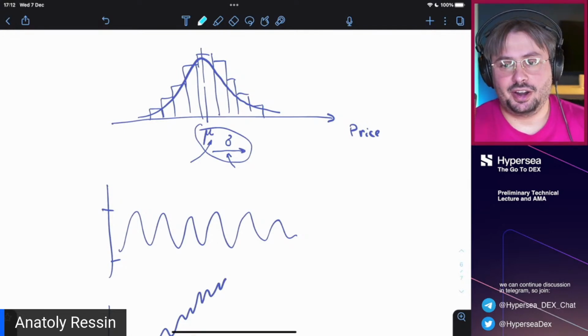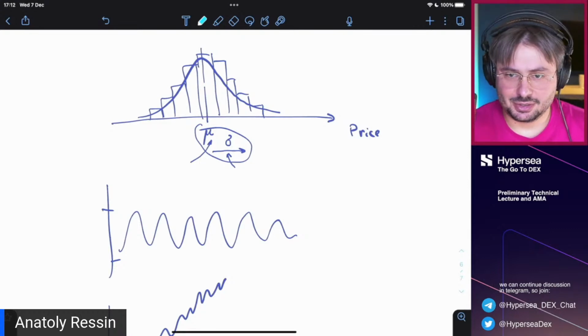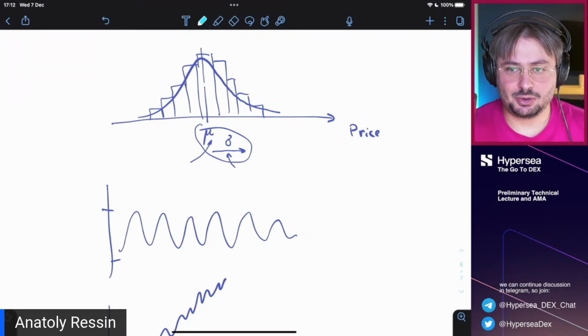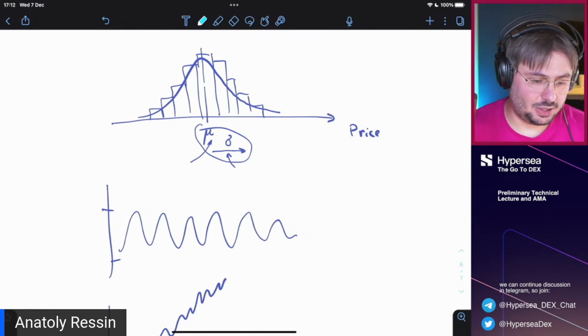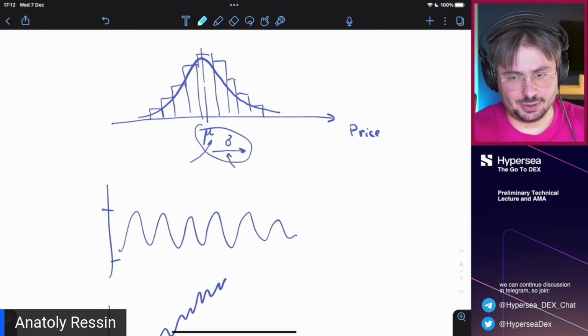Of course, we are using Chainlink, but on other chains we are considering different oracles with different update policies to make a robust solution for knowing what is happening outside of the exchange.